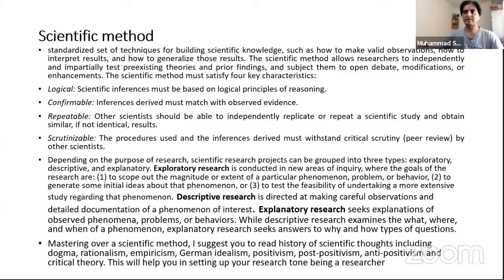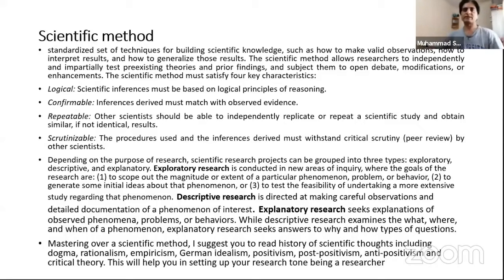The scientific method must satisfy four key characteristics. Number one, it should be logical: scientific discoveries and organization of knowledge should be logical. It means scientific inferences are based on logical principles of reasoning. Second one is confirmable, which means inferences derived must match with observed evidence.